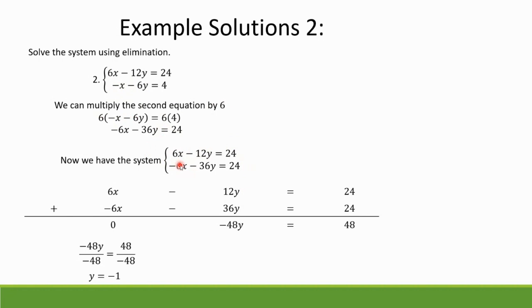The coefficients are the same, except they're opposite in sign. Here we have minus 12y minus 36y, which is minus 48y. And 24 plus 24, that becomes 48.